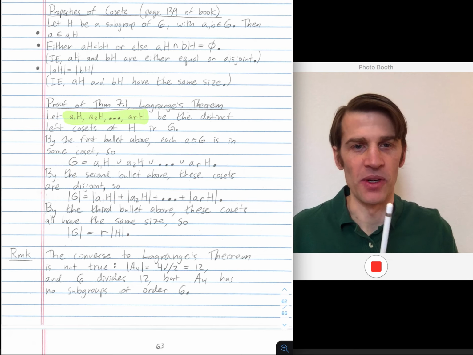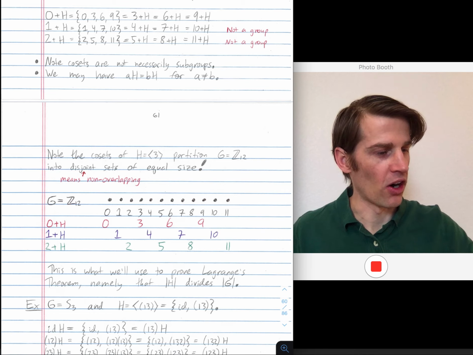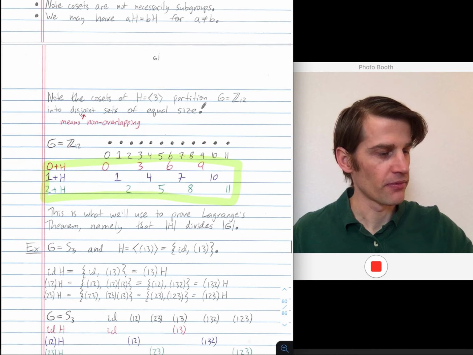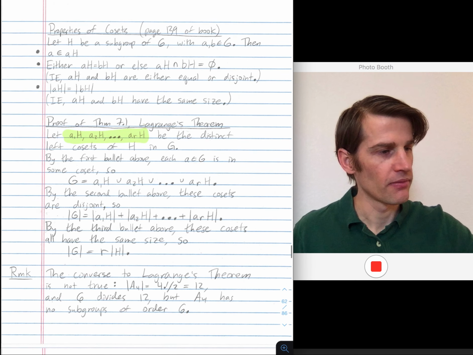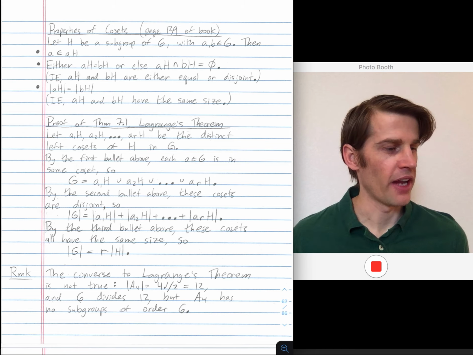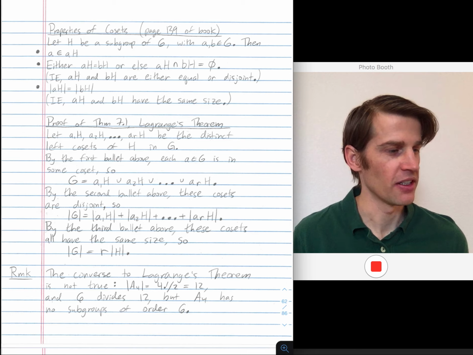So R there was 3, right? In this example, R is 3 because I have 3 different cosets.